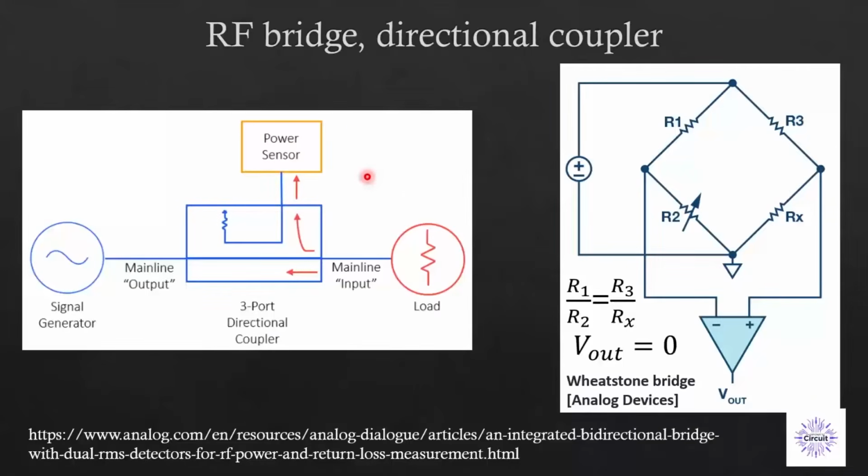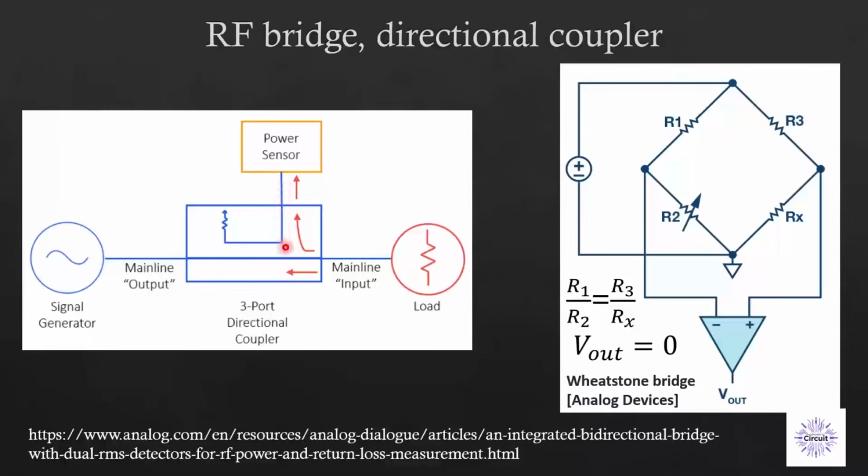Now one other thing I want to talk about is how we can measure the reflected wave. There are different methods to measure the wave that is getting reflected. For instance, there is a device called a directional coupler. This device has a transmission line that has a very small loss, so whatever signal we have at its input appears at the output.